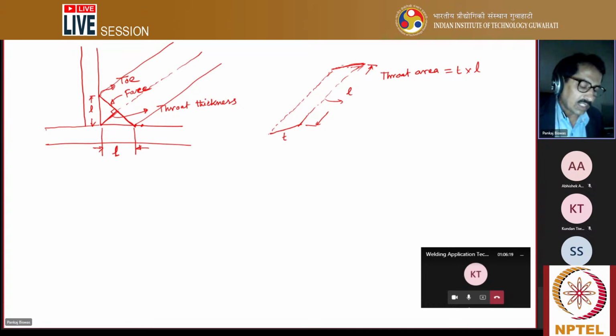For DCEN polarity, around 30% of the heat is generated at the tungsten electrode and around 70% in the workpiece. So for a non-consumable electrode, if you follow this, your heating will be less. This is one way you can reduce the chances of melting or wearing out the material.